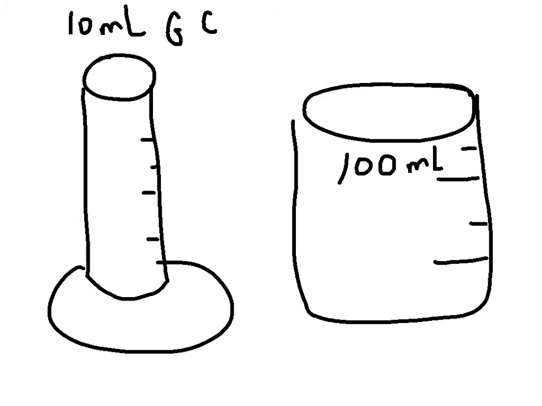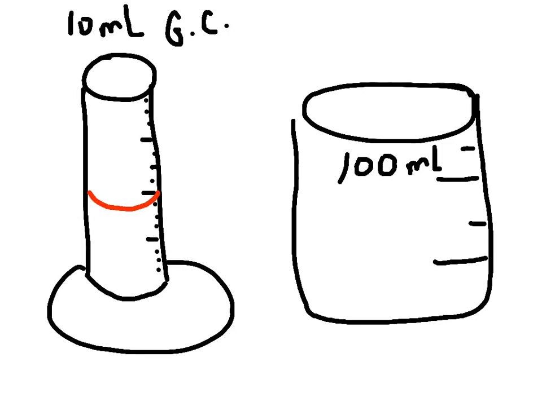So if I were to put some liquid into our graduated cylinder, we would want to read this from the meniscus, and the meniscus is right down here at the bottom of the volume level, and we ignore the adhesive forces of the liquid with the containers of the graduated cylinder, and we take our reading from there.